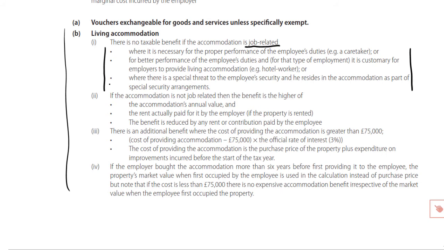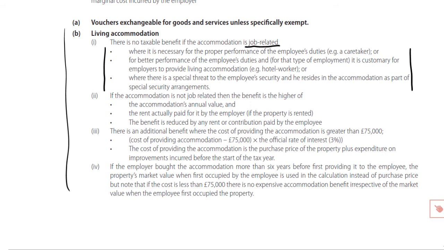If it's not job-related accommodation, then we've got to work out an assessable benefit. And the first thing that we need to know is whether or not the accommodation, the property in question, is owned, purchased by the employer, or it is rented. Because the benefit calculation usually comes in two parts.